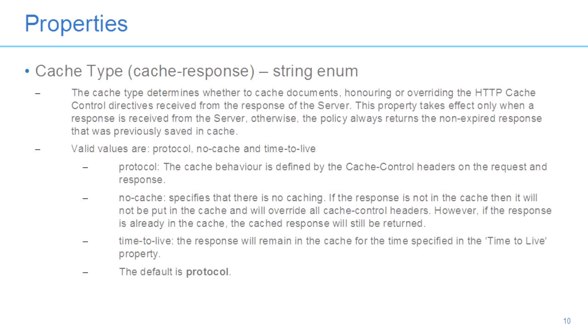It's saying don't cache this if it's not already there. That confused a couple of people when they were doing some testing, so I just thought I'd raise that as a point here. And then lastly, the third option is time to live, where you specify the time in seconds that you want the document to remain in the cache, and that is specified on the time to live property.